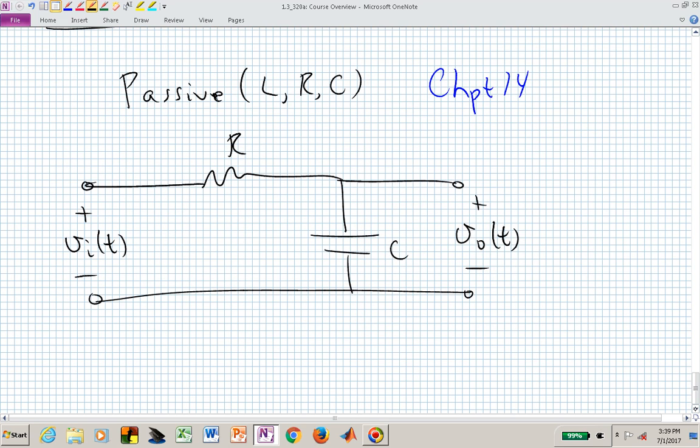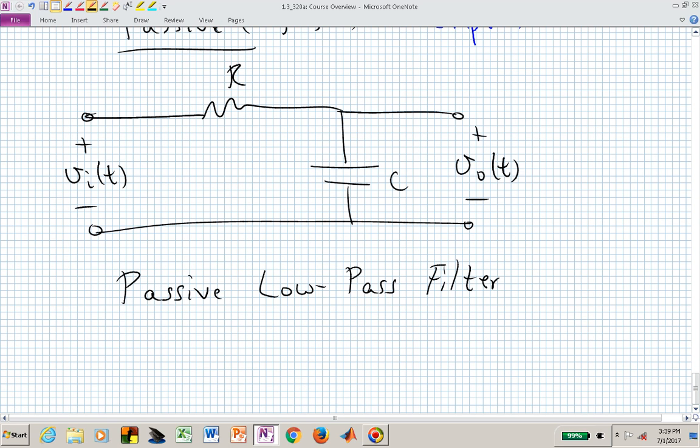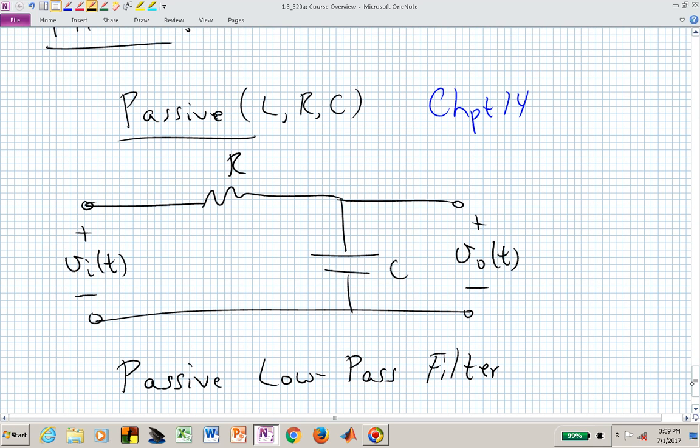And in fact, this interconnected structure with this resistor and capacitor gives us a passive low-pass filter, which means if V sub I contains a noisy signal, maybe we can filter out that noise by pushing it through this passive low-pass filter, and that now is what will be the subject of chapter 14.